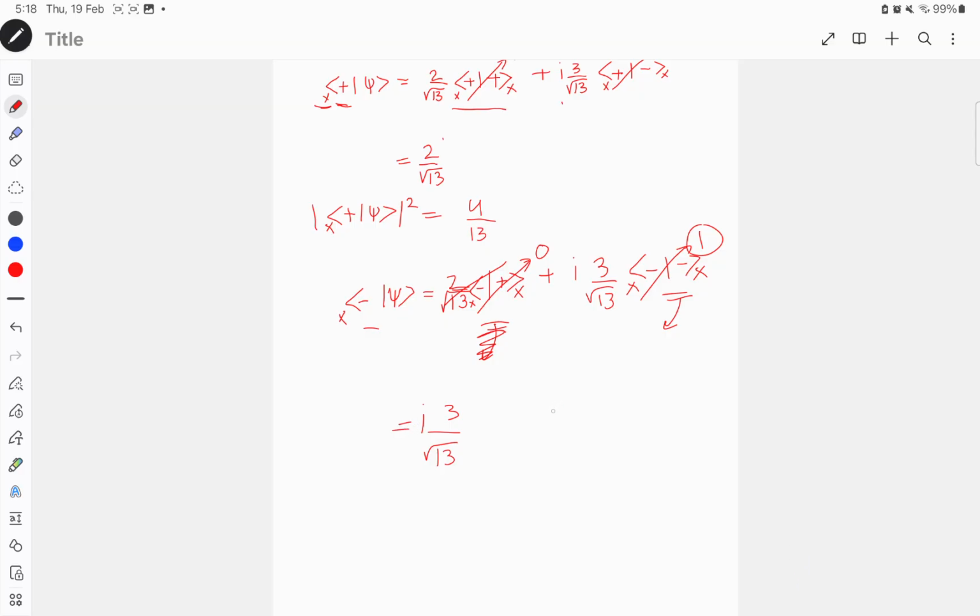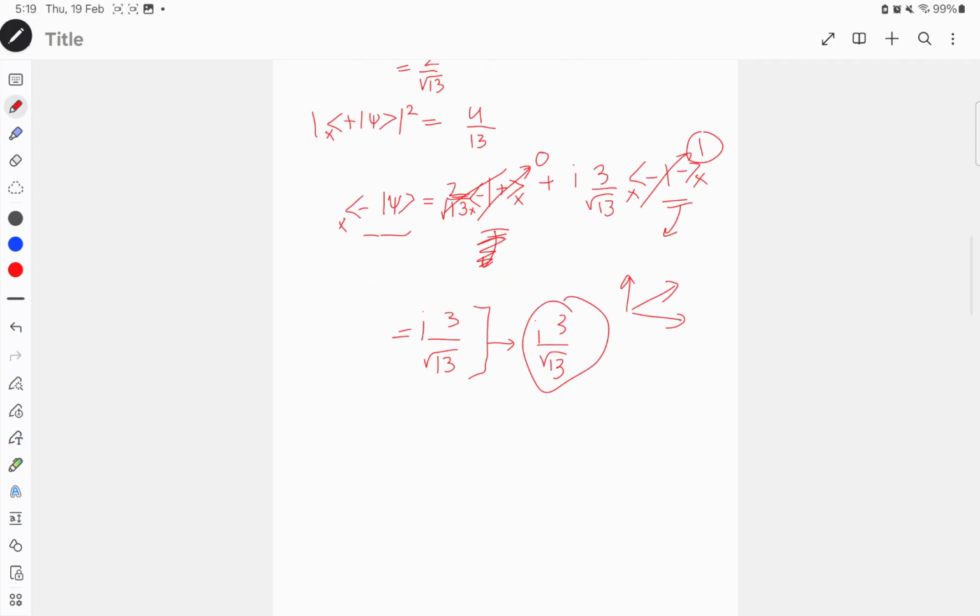To get the, see, the inner product gives us a projection. We have i3 over root 13. It's a projection. Projection means any side will be. When squaring it, we will get a probability.